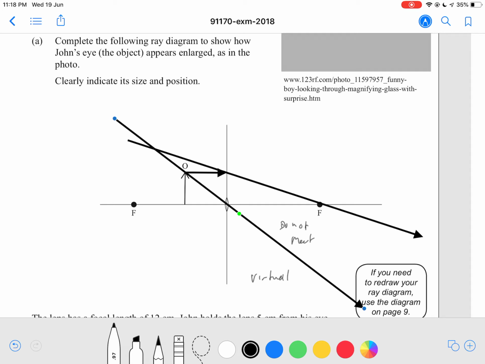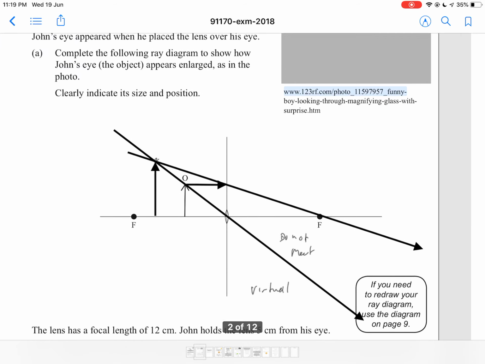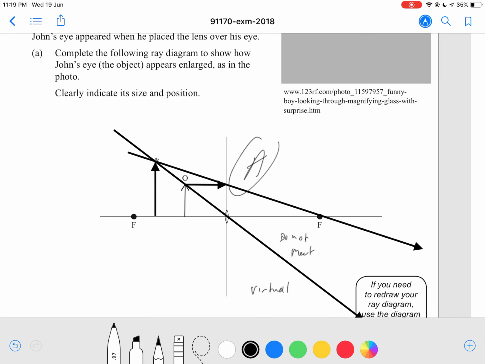At the point they meet, which is here, that's where our image will be created. Not object, where our image will be created. It's funny. So our image will be created here. As you can see, this is a virtual image. It's enlarged and it's upright. So that's our image drawn, and this will get you an achieved grade here.